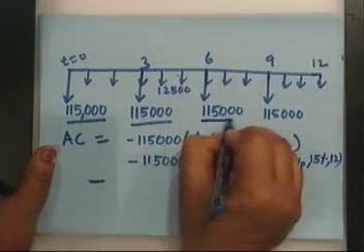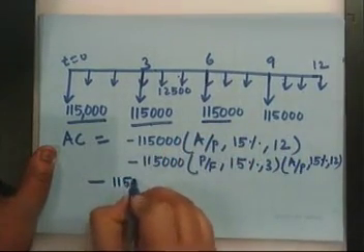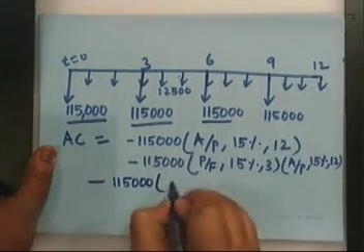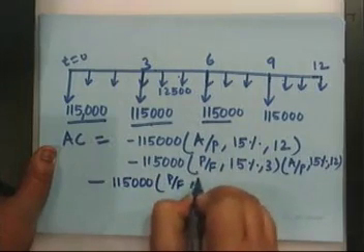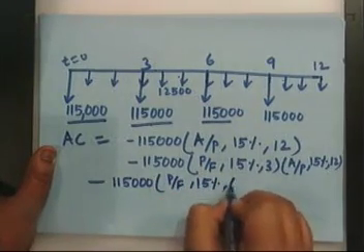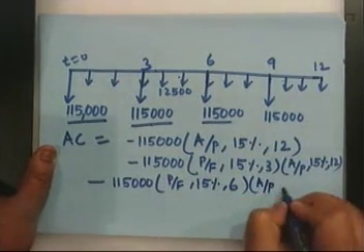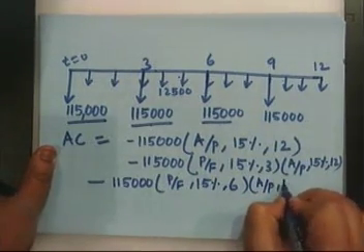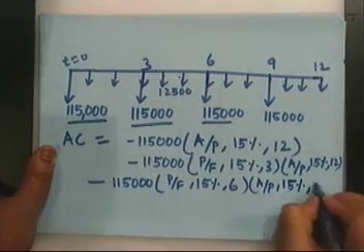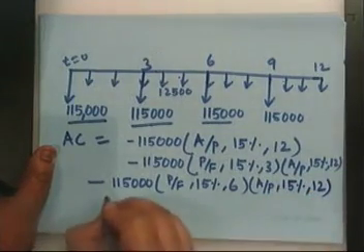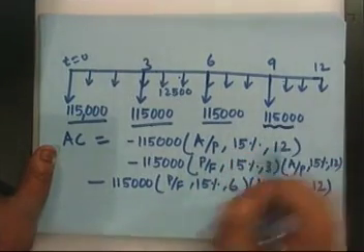Again for this, minus 115,000 P given F 15% for a period 6, multiplied by annualized factor A given P 15% 12 years. Again now I have to do it for this.